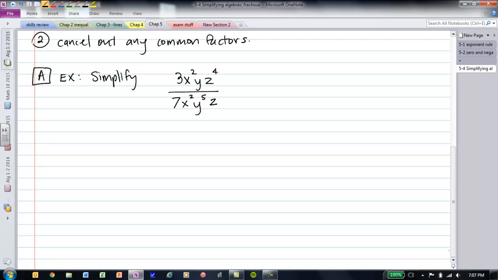So if we take that first term and look for a GCF, our GCF in this case is going to be x squared y z, and when I factor that out of the top, I'm left with 3z cubed. In the denominator, when I factor out an x squared y z, I'm left with 7y to the fourth.